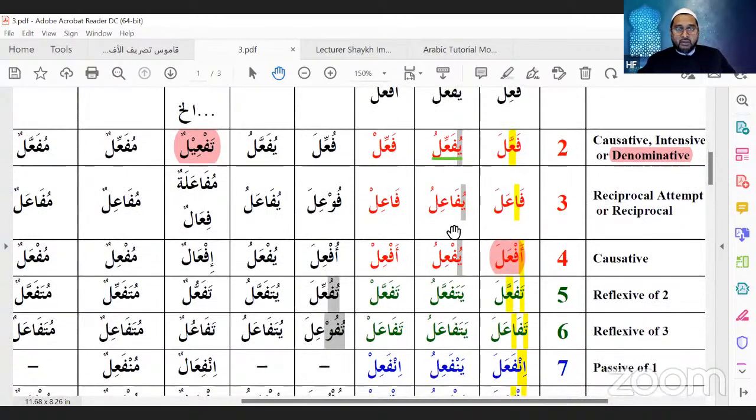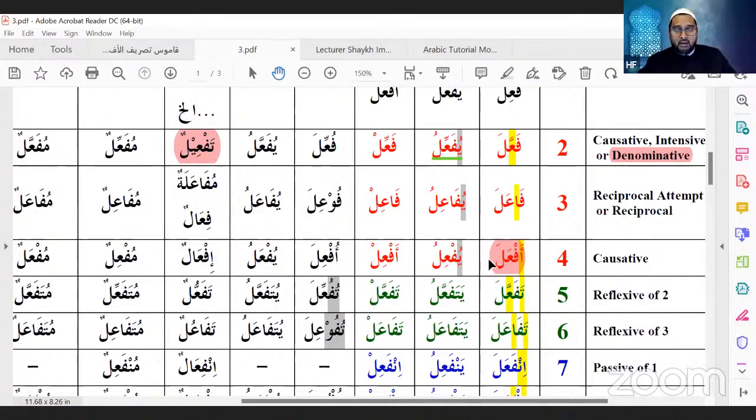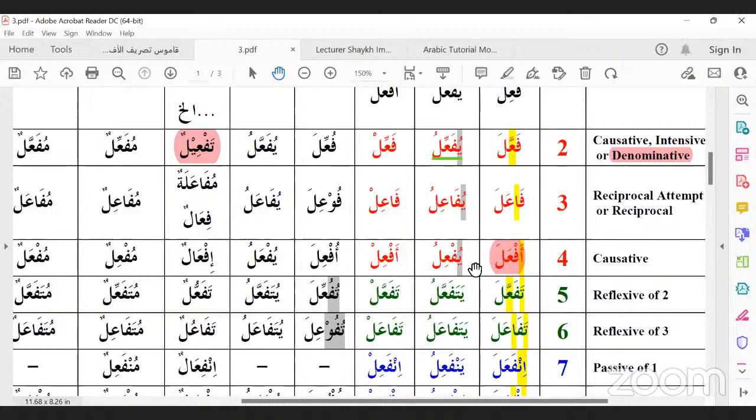Now, you remember this? Yufa'ilu, here the ya is also coming with a dhamma. And also in af'ala, yuf'ilu, in these few verbs, the ya in the beginning comes with a dhamma. It's because the alif of the bab is removed from the masdar.